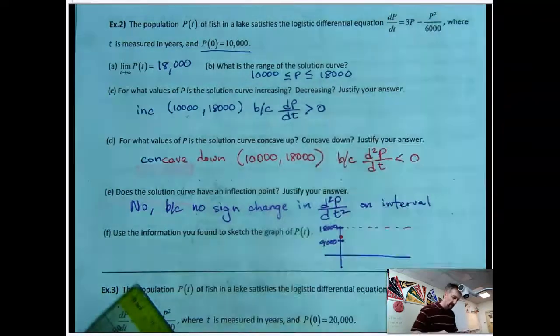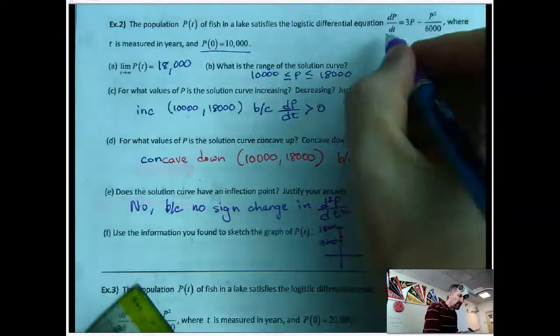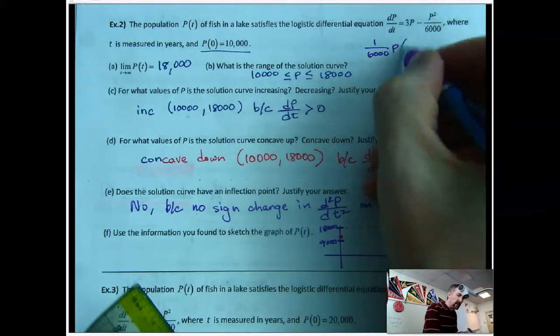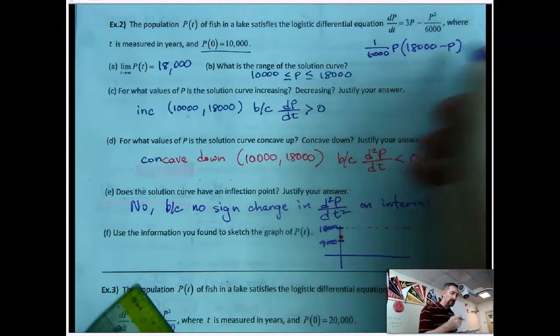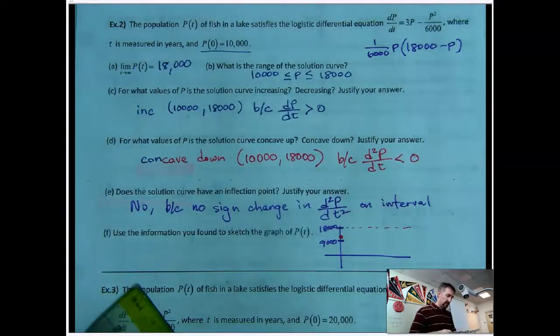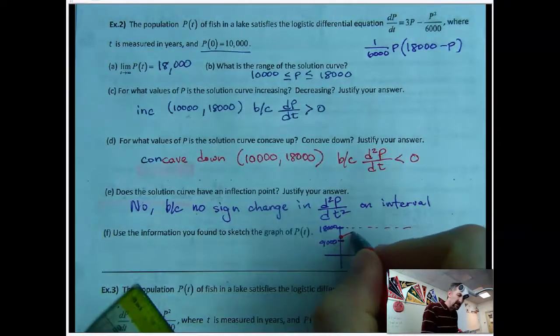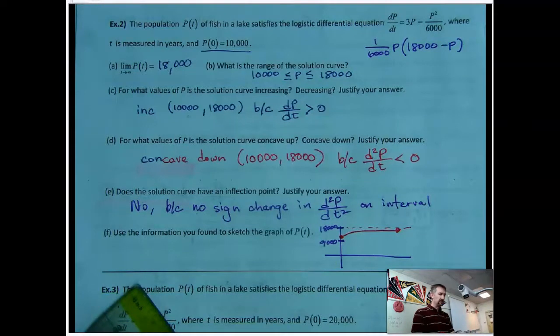And we can do that, I suppose. That's going to be 1 over 6,000 p, and then that was 18,000 minus p. Okay, so our limit to growth is still 18,000, our carrying capacity. So that just goes up like that, basically. All right.